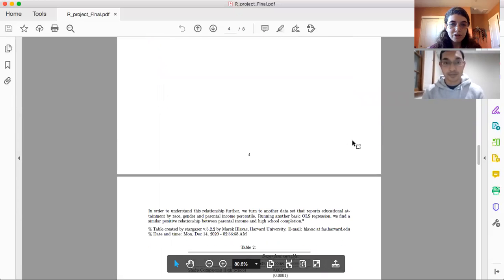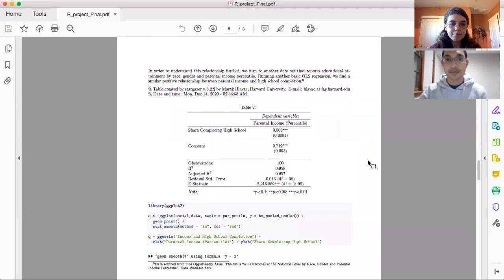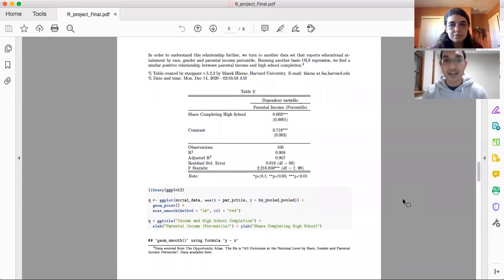And now we will move on to the second portion of our empirical exercise. So to understand these relationships further, we've used another data set, also from Opportunity Insights, on some related metrics, reporting educational attainment versus parental income. So we've run another basic ordinary least squares regression, finding a similar positive relationship between parents' incomes and their children's high school completion rates.